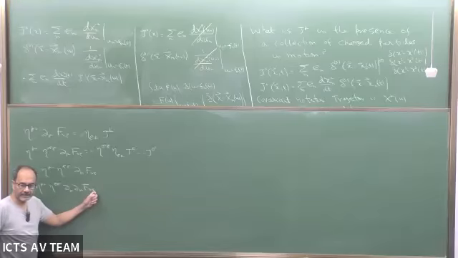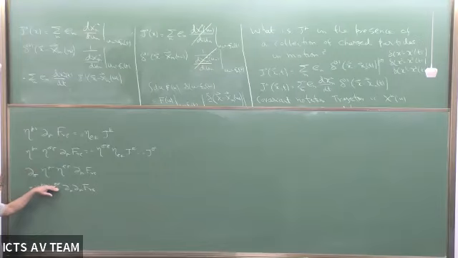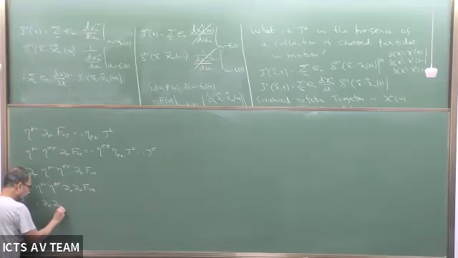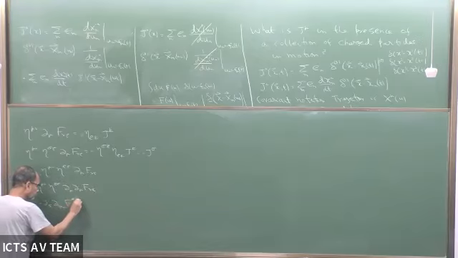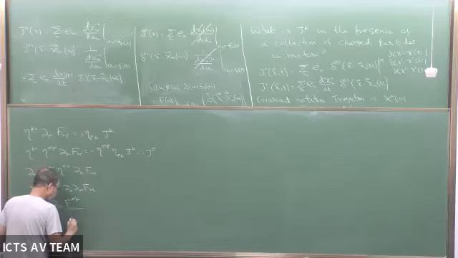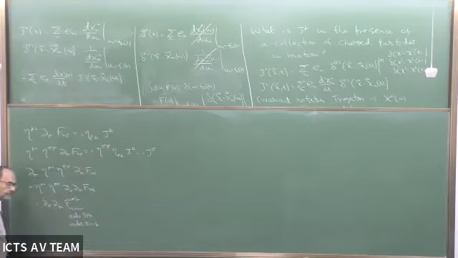F nu rho is antisymmetric in nu and rho. So when you raise the index using eta, this is antisymmetric under the exchange of mu and sigma, because you raise nu by mu and raise rho by sigma. Okay, so then this can be written as del f sigma mu, which is just raising by the etas. This is antisymmetric in sigma and mu. Okay. This, on the other hand, is symmetric.